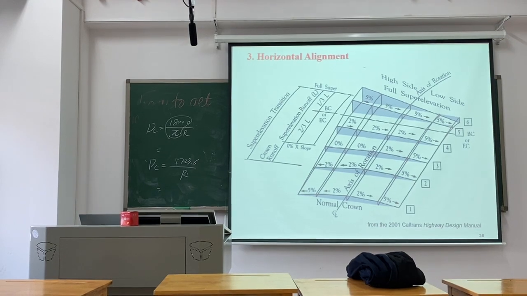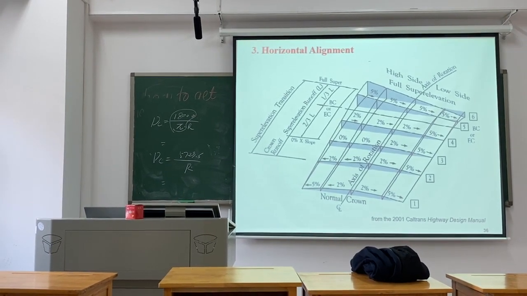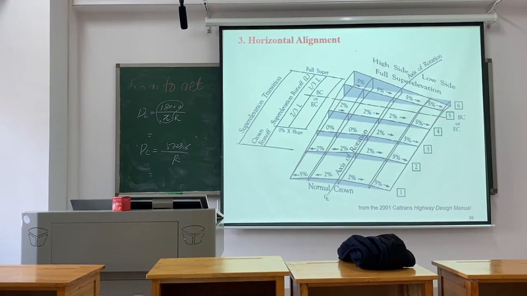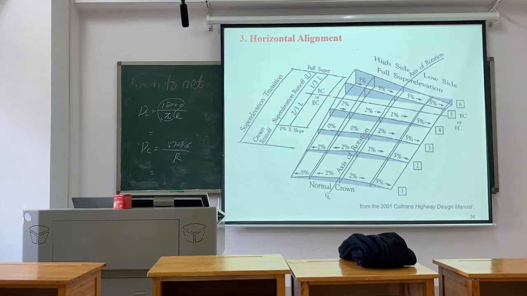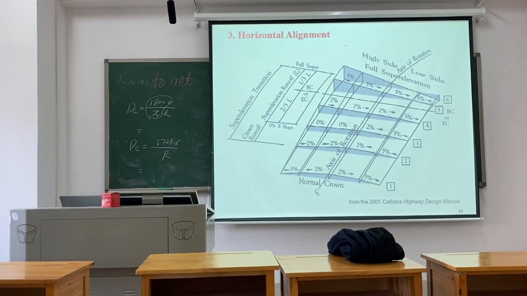But how do we change from the normal crown to superelevation? Add more asphalt on one side.